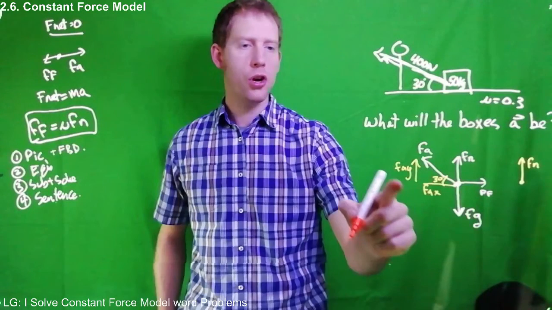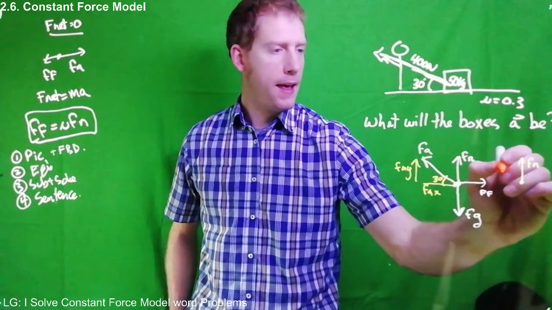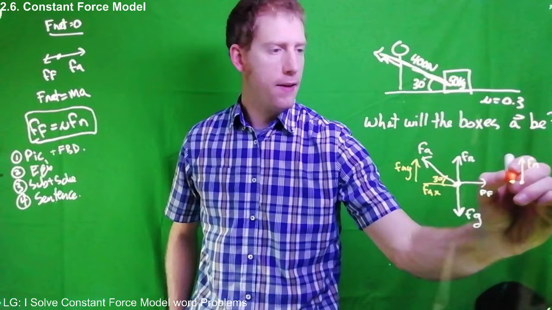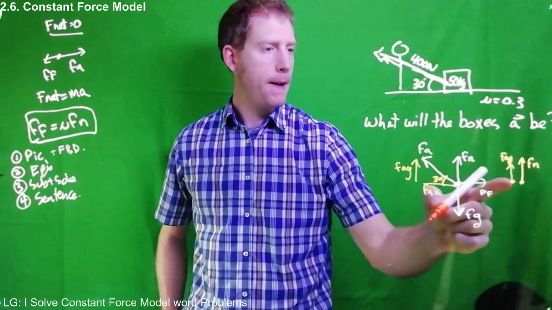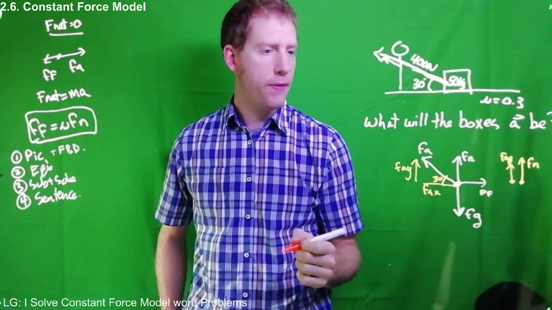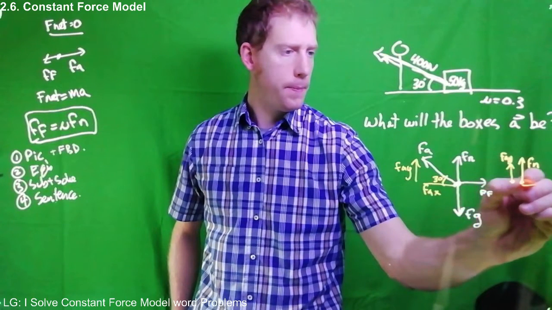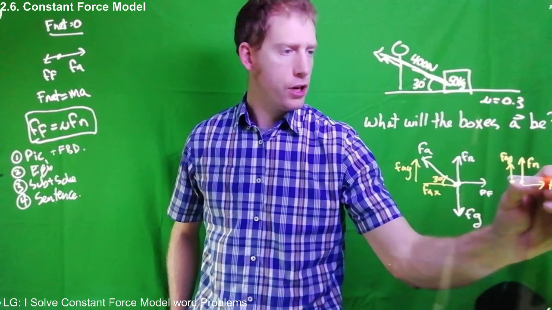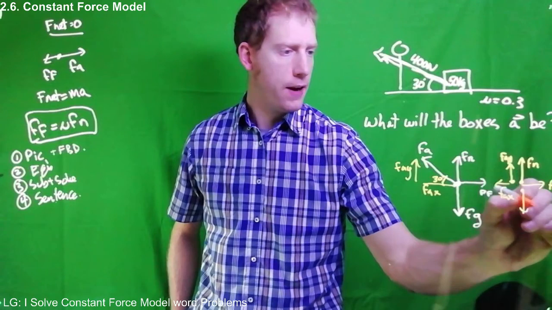So we need to determine the components of my applied force, and then you're going to have FAY, and then the force of friction here. We're also going to have FAX, and then the force of gravity.